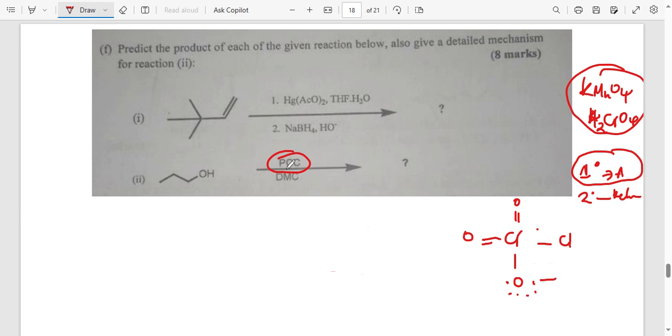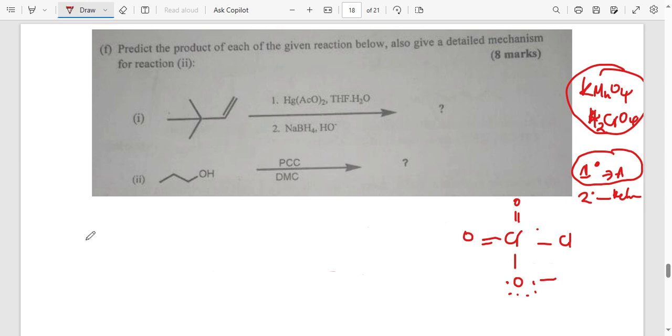Even from the name, you can see there is the pyridine there.